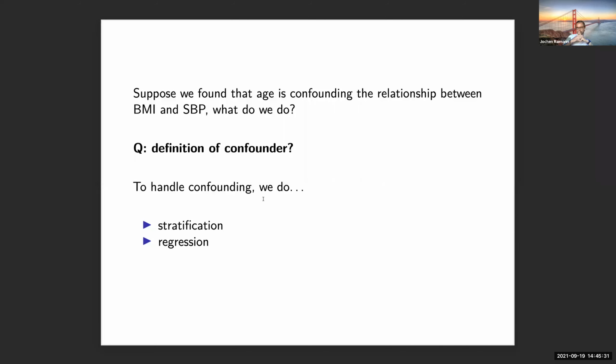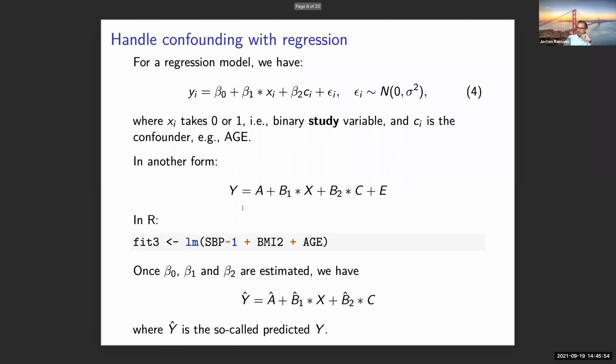The definition of the confounder would here essentially be age. We essentially have stratification or regression. The inclusion of stratified variables does handle confounding to some extent. Regression can handle it as well.